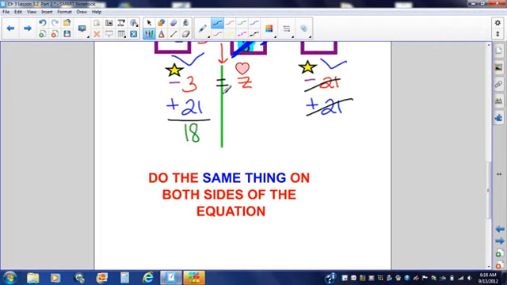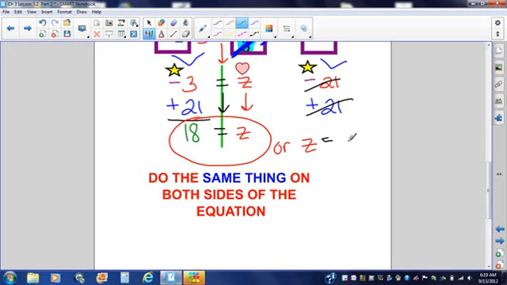Here's my equal sign. So I have z equals 18. Or you can say 18 equals z.